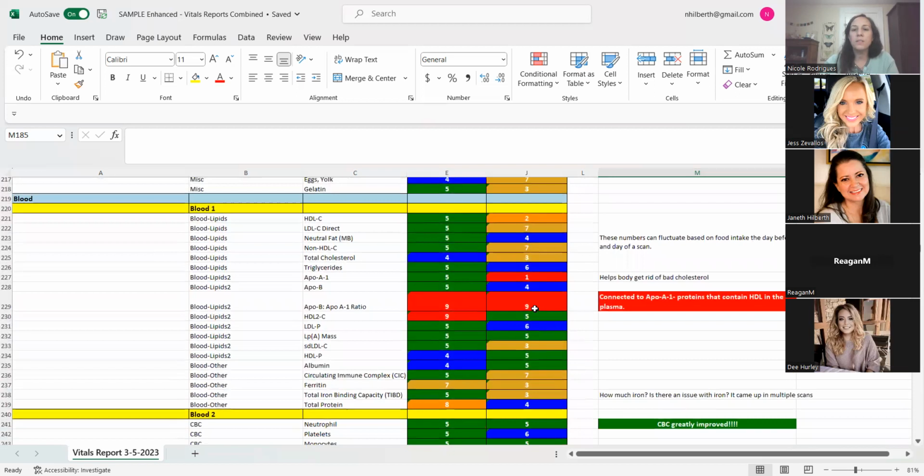So the blood lipids, he was actually doing pretty well this first scan, and then his numbers bumped in and out, and that's completely normal. We are constantly in different environments, eating different foods, exposed to different things, so it's normal for our frequencies to change.